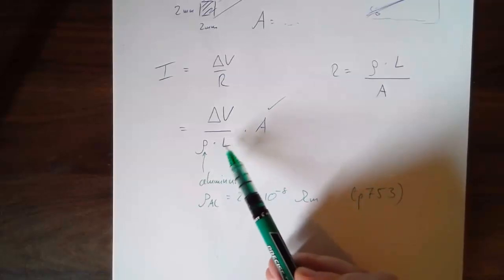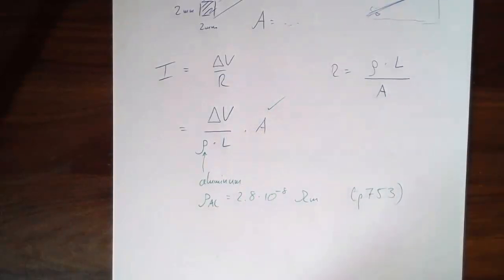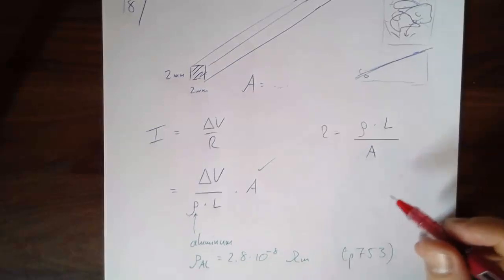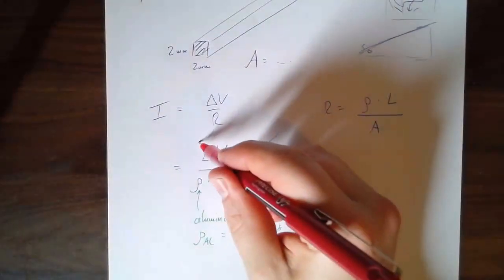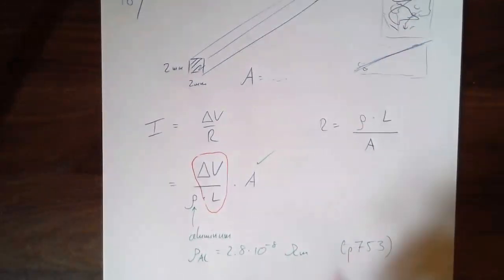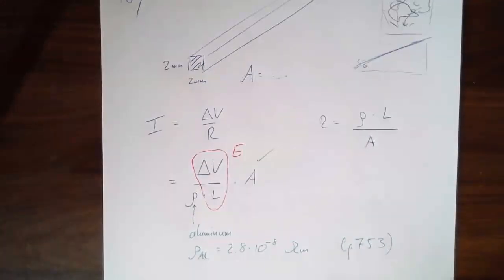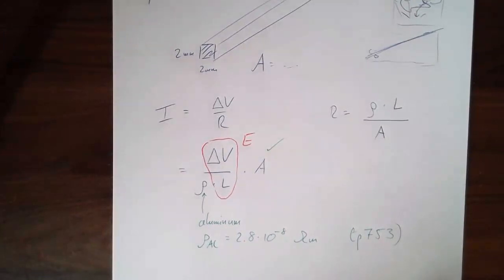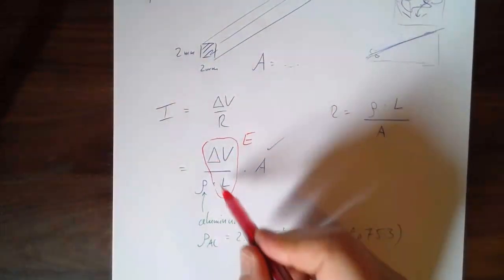But we don't know the length of the wire, and we don't know delta V. So are we stuck? Of course we're not, because what we do know is the electric field. An electric field is potential difference per distance, per length. So this thing here, that's just E. That's why this question is a bit harder, because you have to recognize this.